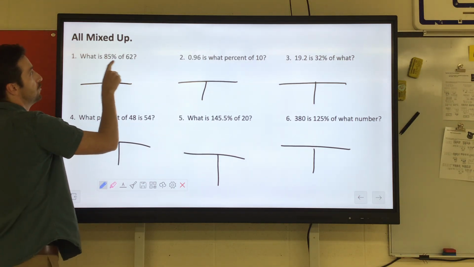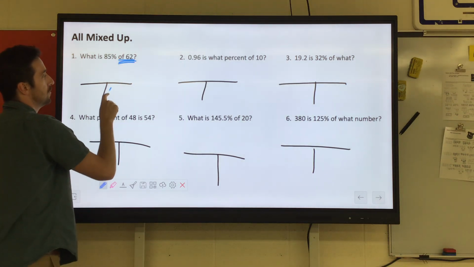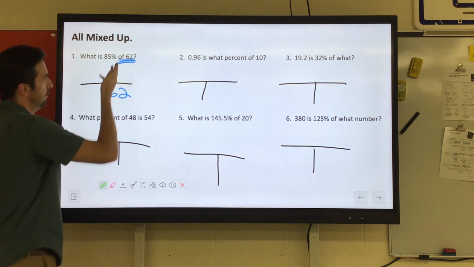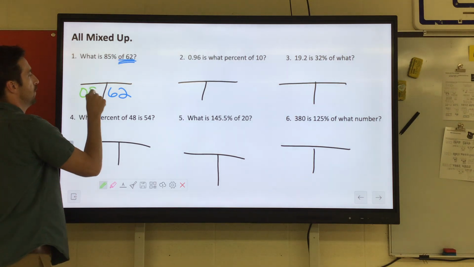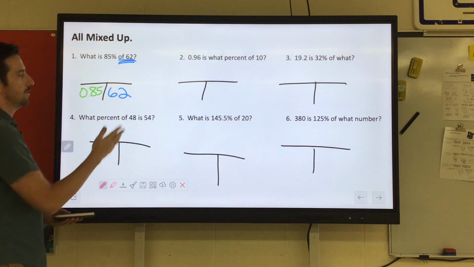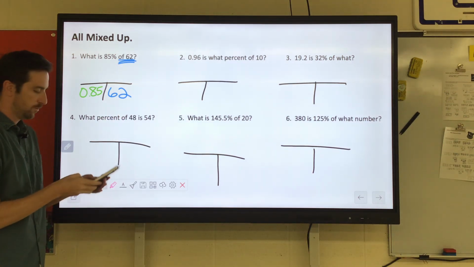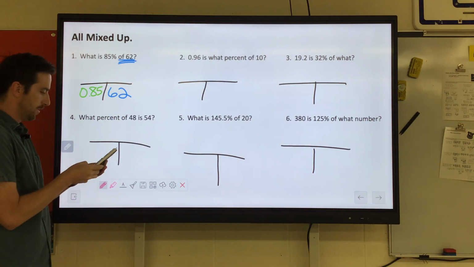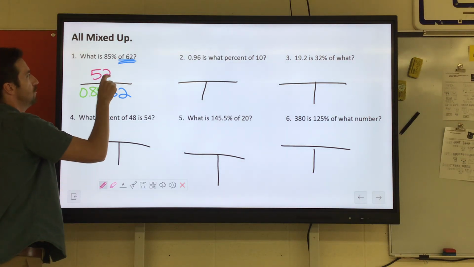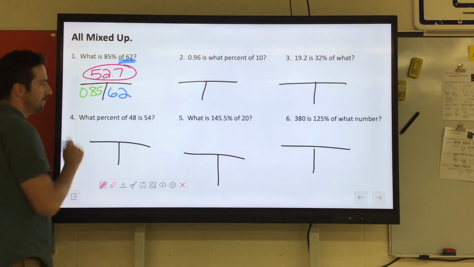What is 85% of 62? 62 is the whole. 85% has to be the percent. We want it in decimal form. That's 0.85. So here we are looking for the part. We have 2 things next to each other, so we know we're going to multiply. 0.85 times 62, 52.7.